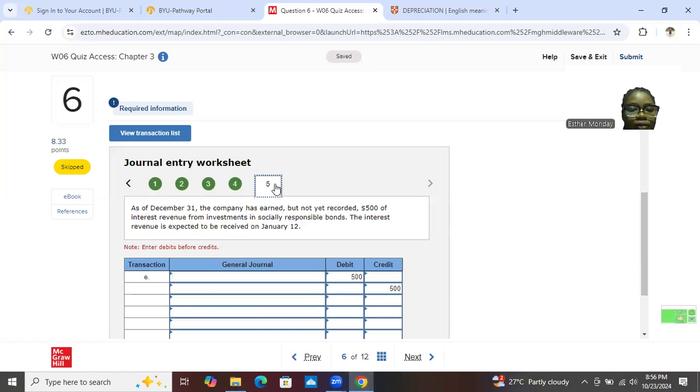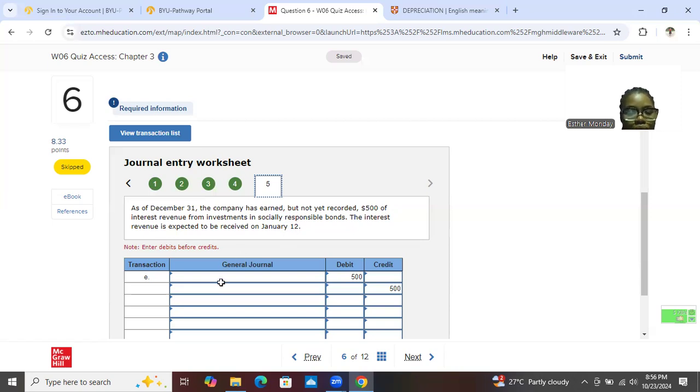Then number 5, we are told that as of December 31st, the company earned but has not yet recorded 5,000 of interest revenue from investment in socially responsible bonds. The interest revenue is expected to be received on January 12th.